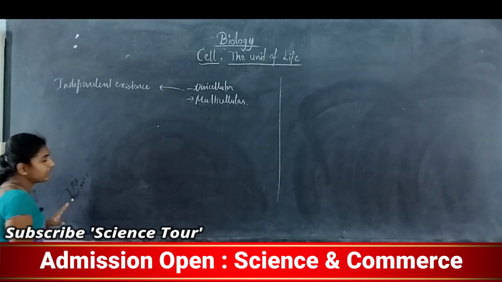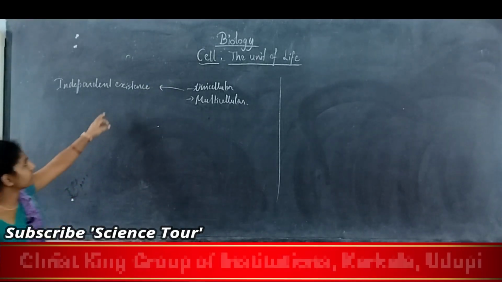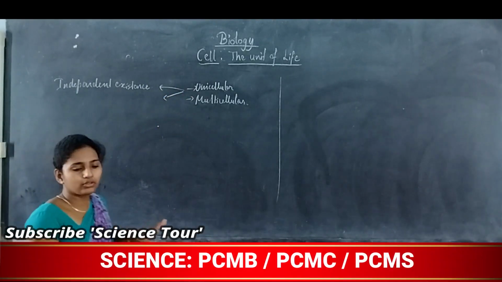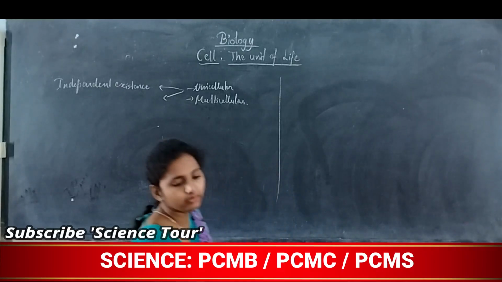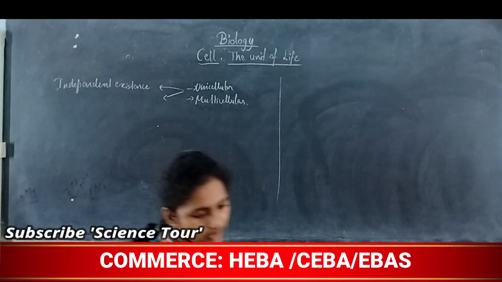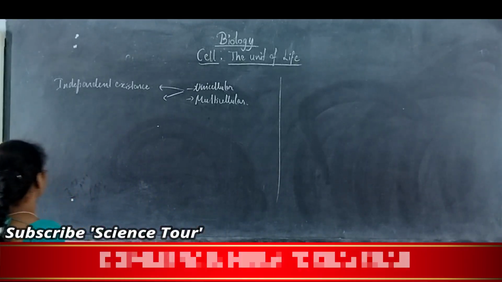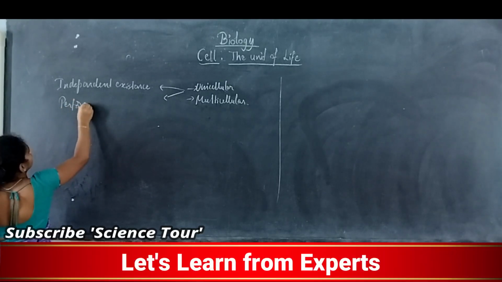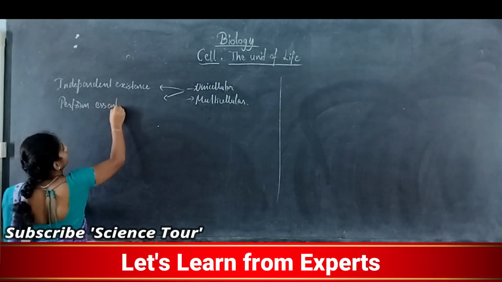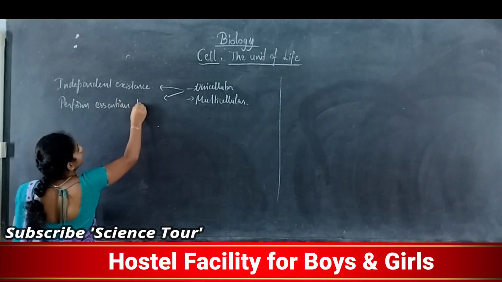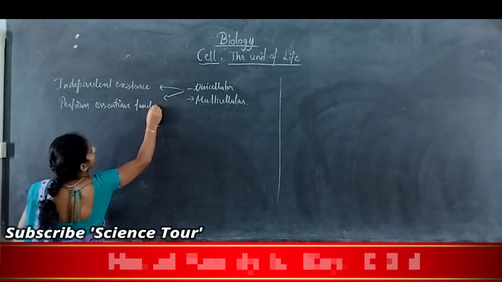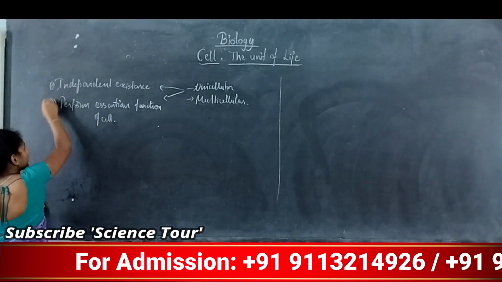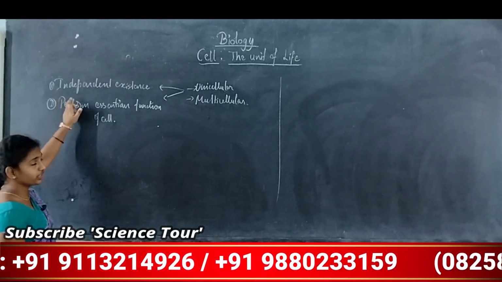And also the cell performs the essential functions of life. The independent cell will carry out essential functions of the cell. These are the two important characters of a unicellular organism. Here they show independent existence.